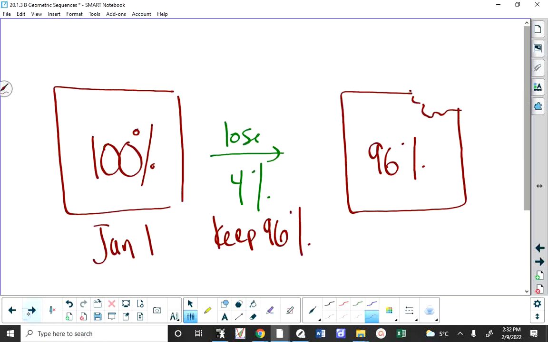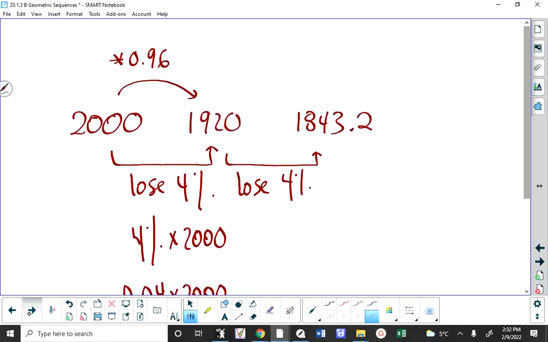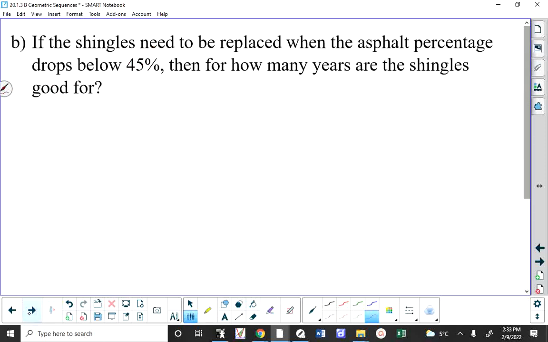All right, B. So it turns out that the recommendation is as soon as you get below about 45% coverage, you should replace the shingles. I'll just teach you a little bit about roofing and shingles here. It doesn't matter that the water is still running off your roof. Shingles do more than protect your building from water. They protect it from heat and condensation inside of your roof.